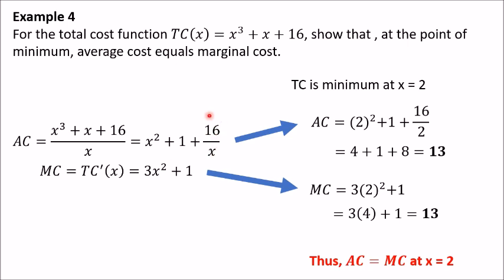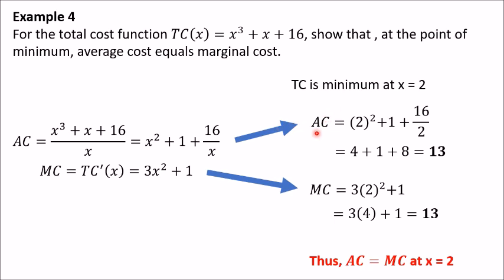And the marginal cost function equals the derivative of the total cost function, which is 3x squared plus 1. And we have found out that x equals 2 will give us the minimum value of TC. So let's substitute x equals 2 to these two functions, and let's try to see if they are equal.